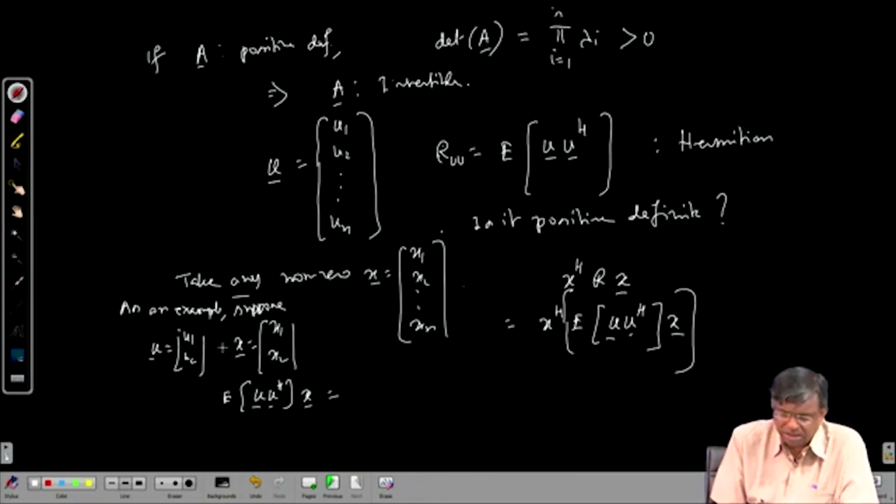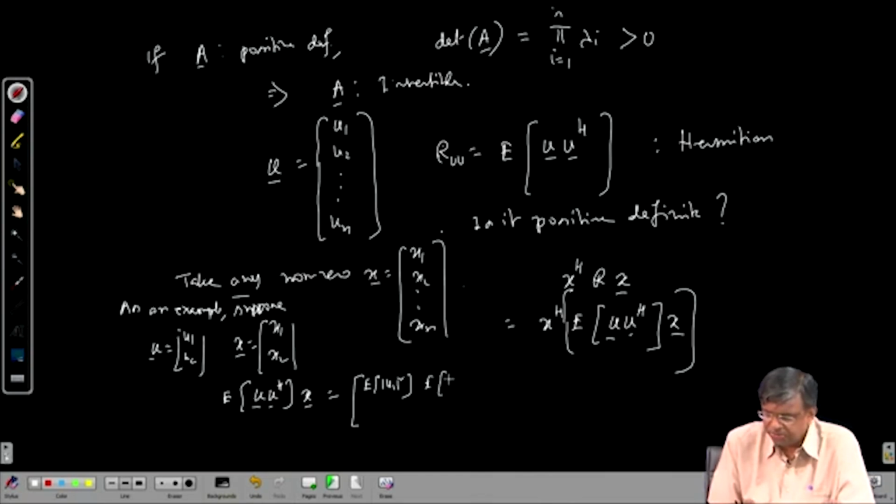What will it be? U U^H means you will make it a row and conjugate and then multiply, then it will be the matrix with expected value of mod U1 square, expected value U1 U2 star, then expected value U2 U1 star, and then expected value mod U2 square.